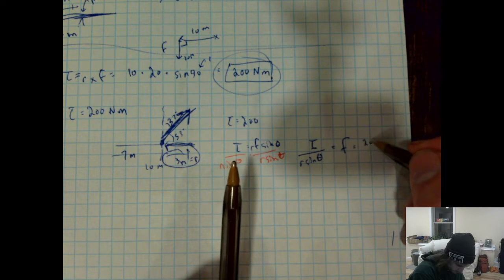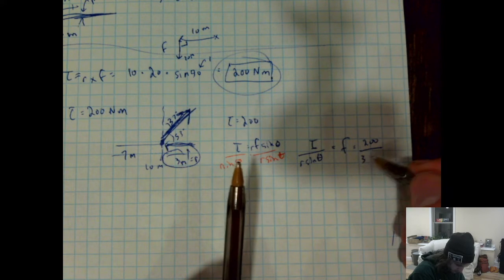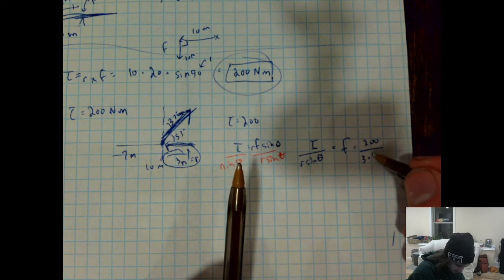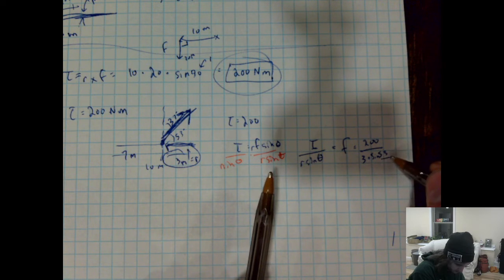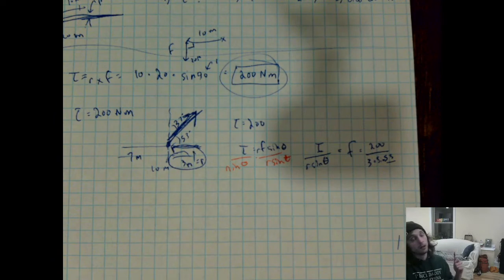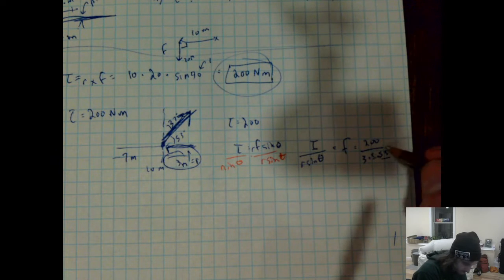Our torque is 200, our R is 3, and our sine theta, sine 53 degrees. Oh god. Sine of 53 is going to be the tall one, so 4/5 is going to give us 20 over 4, which is 50 times 5, which is 250 over 3.